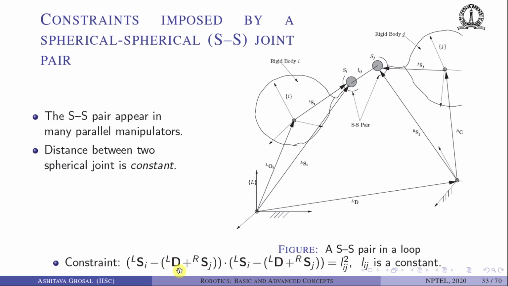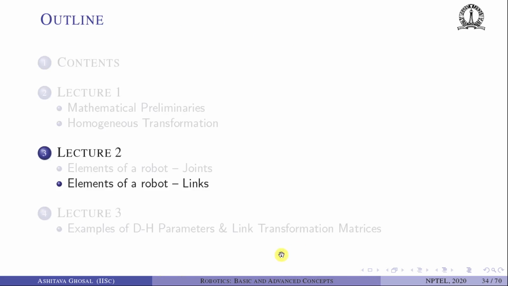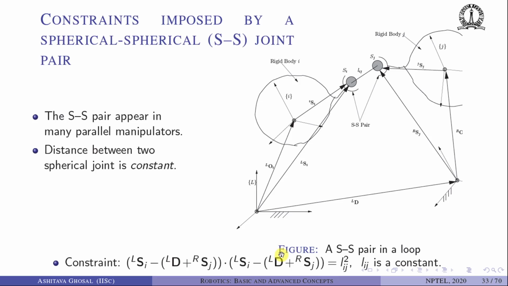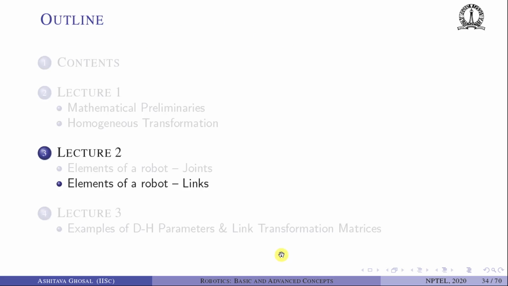So (L S_I minus (L D plus R S_J)) dot product with itself should be equal to Lij squared. This is a scalar equation, and hence it gives one constraint. With this, we'll come to a stop about representing a joint and its constraints, but we can find the constraints imposed by other joints if it is really required.